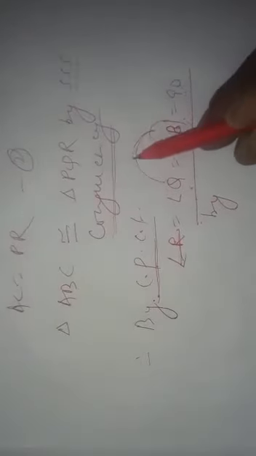Therefore, the angle opposite to AC is angle B, which is equal to 90 degrees. It has been obtained because triangle PQR and triangle ABC have become congruent using SSS congruency, and by corresponding parts of congruent triangles we have obtained that angle Q and angle B are both equal to 90 degrees. Thus we have obtained our proof.